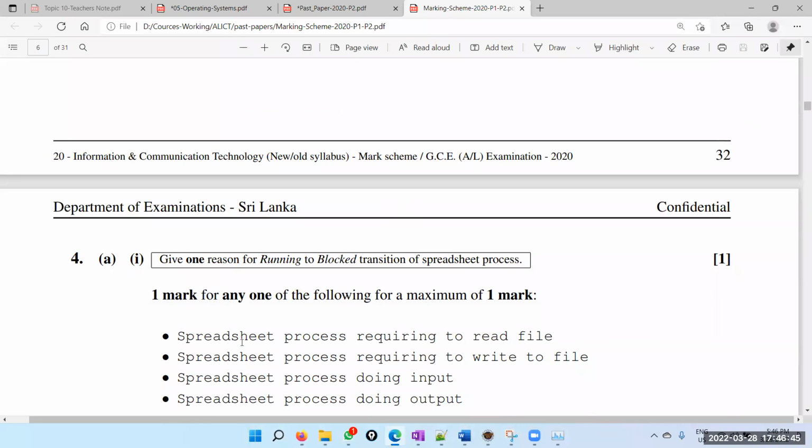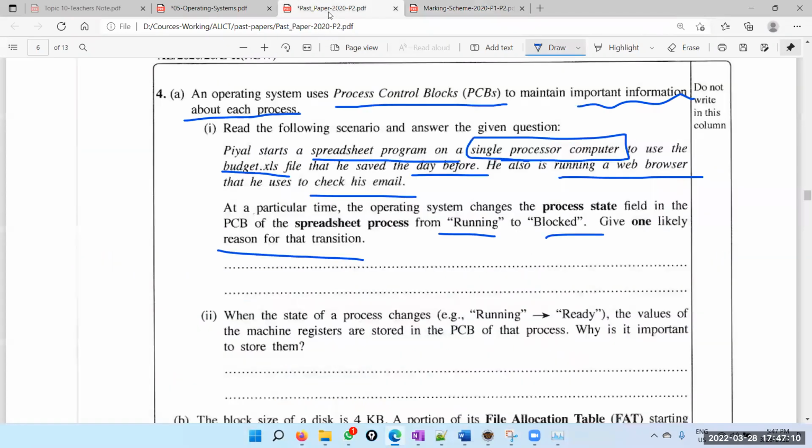Right, so they have given so many. Spreadsheet process requiring to read a file, because that is an input output operation. Requiring to write to a file, doing an input, doing output. When we say input output, it could be user input output, or file input output, or communicating with a printer or any other thing. Any one of these, you will be getting the marks.